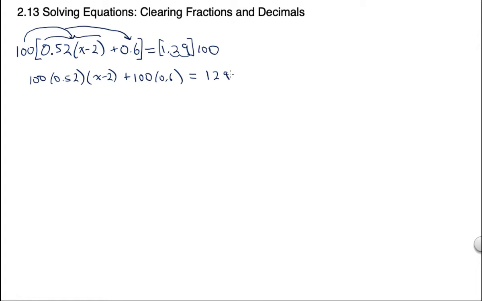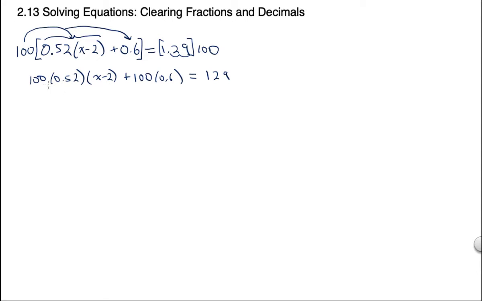Already that number is looking a little bit nicer. What does it do to the 0.52? It will multiply by the 0.52 right now and move the decimal place to the right by 2. For every 0 in your power of 10, you move the decimal to the right.